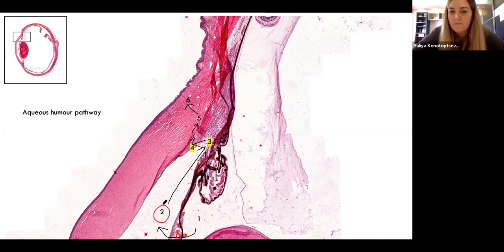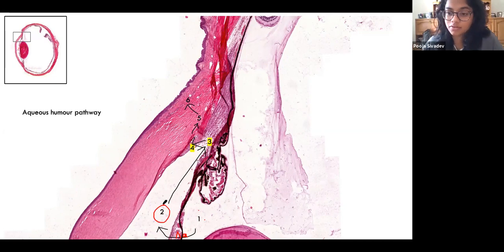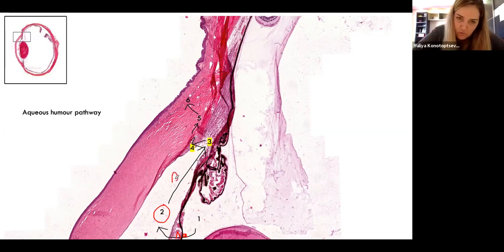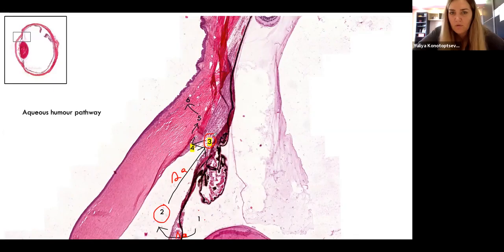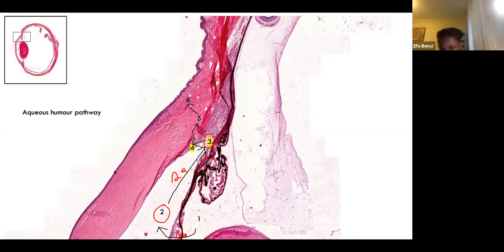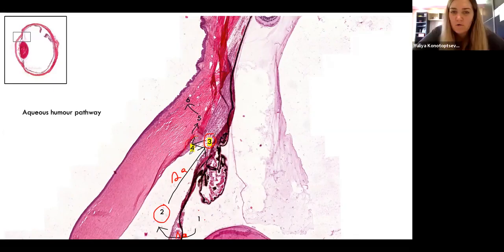Okay, 2 is the anterior chamber. 2A is going to be the iridocorneal angle. 3 are the spaces of Fontana.